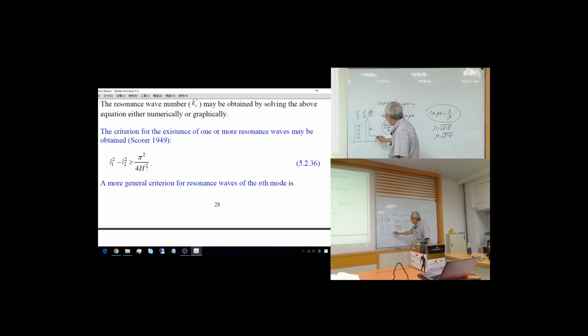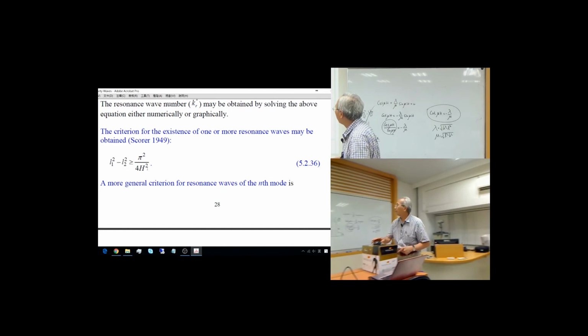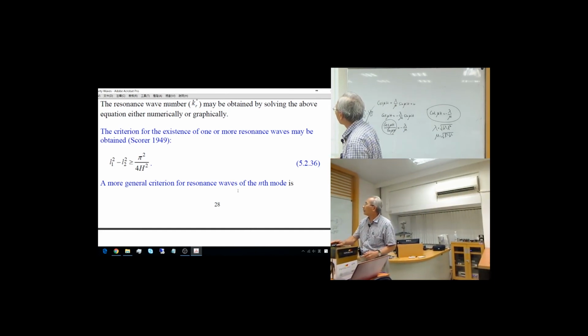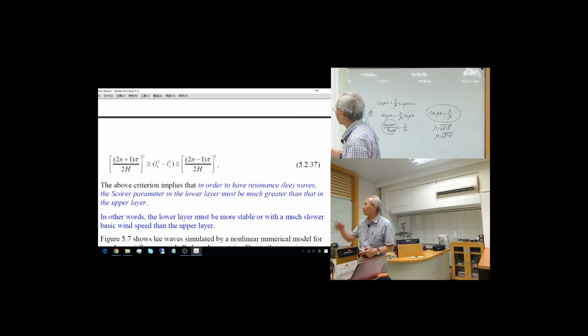So in other words, the low layer should be much more strongly stratified compared to the upper layer. And you can also have resonance waves of the nth mode, more complicated, with more resonance waves.